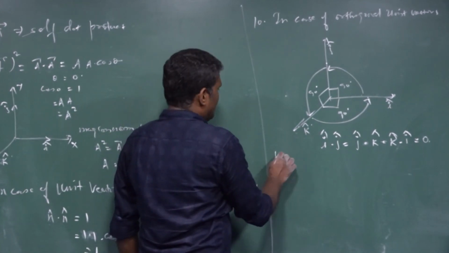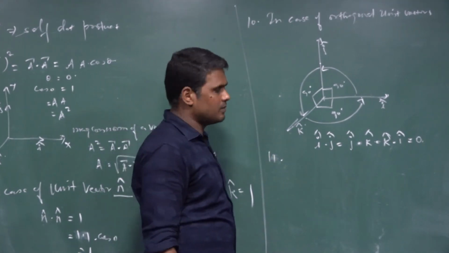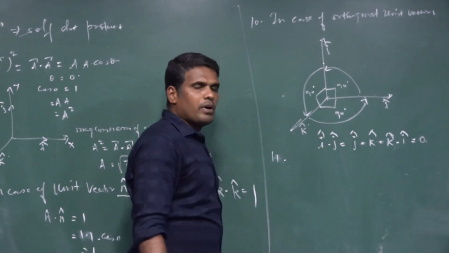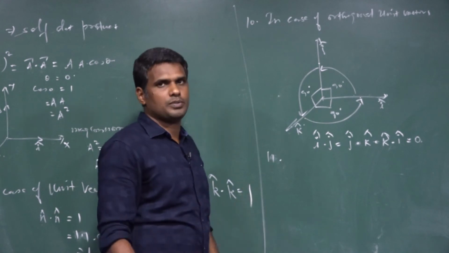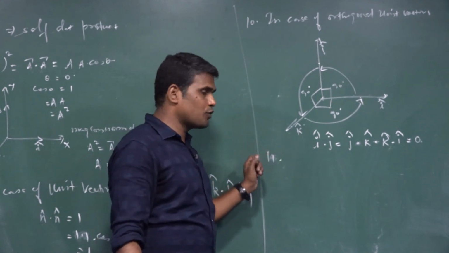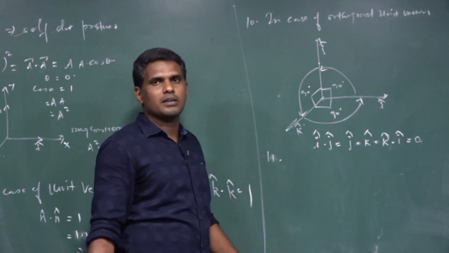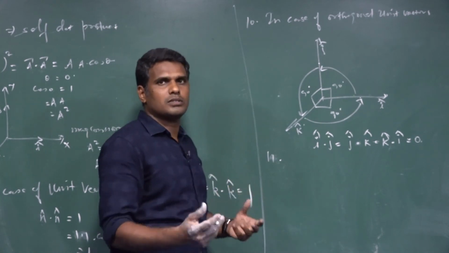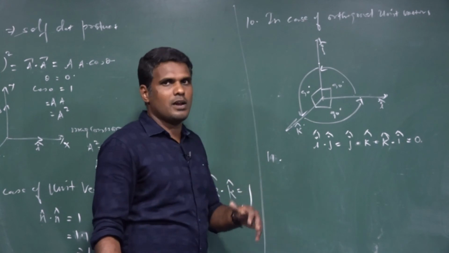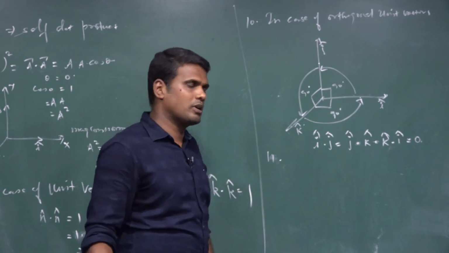Then the 11th property is that if the dot product of two vectors is represented in terms of components, then what will be the form in which we will be representing the dot product of two vectors in terms of components?